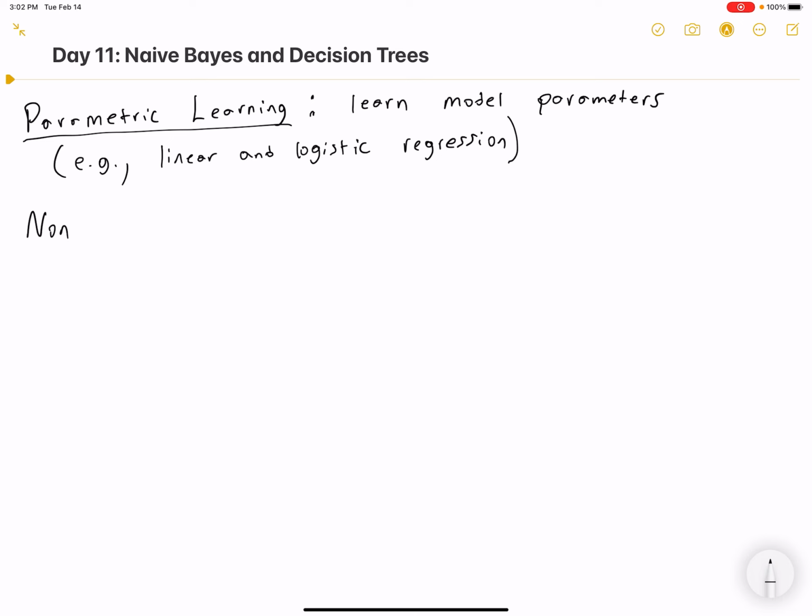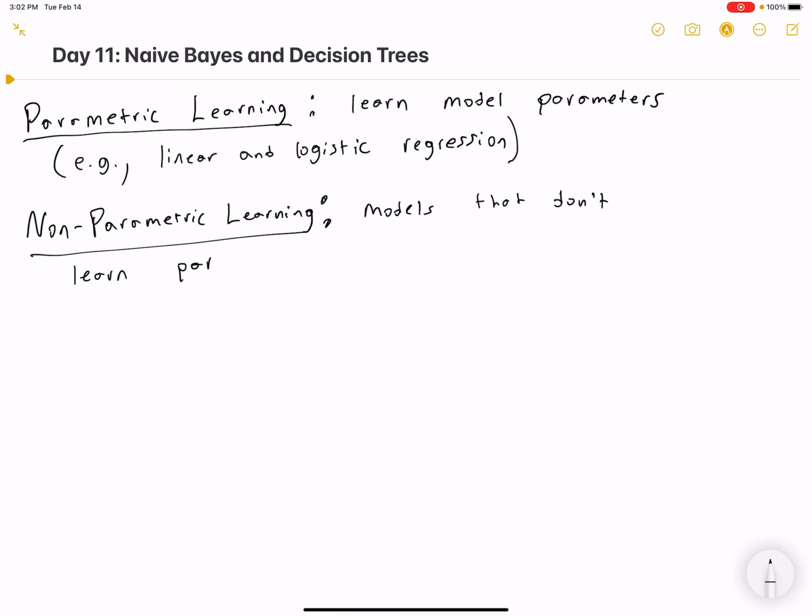And then we started talking about non-parametric learning algorithms, where we don't learn parameters. So models that don't learn parameters.